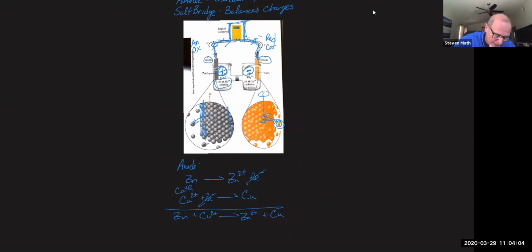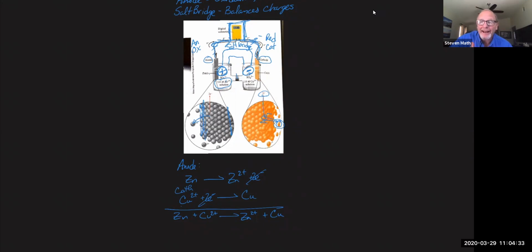In the middle, this one has what's called a porous disk, but a lot of cells will use what's called a salt bridge. That salt bridge is a U-shaped tube. This equalizes ion flow. The salt bridge is a glass tube that has some agar gelatin in it.